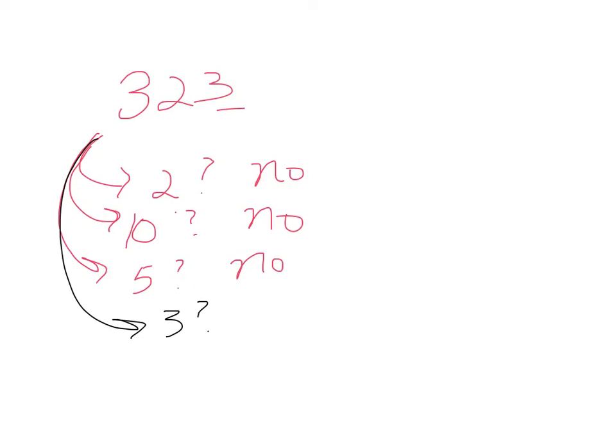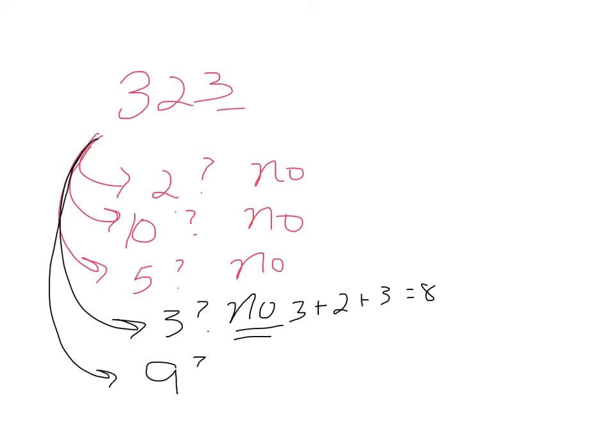Be careful here, because it ends in a 3 doesn't mean it's divisible by 3. I have to take the 3 plus the 2 plus the 3, and I get 8. Is 8 divisible by 3? No, it's not. So 323 is not divisible by 3. And since it's not divisible by 3, it's not divisible by 9 either, because 8 does not divide by 9, at least evenly.